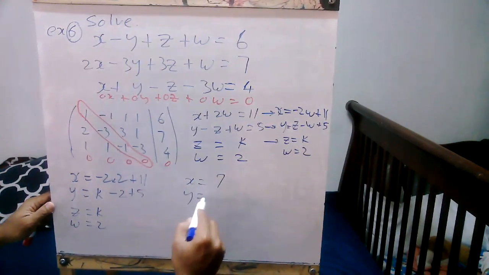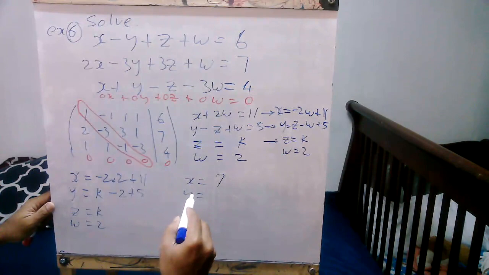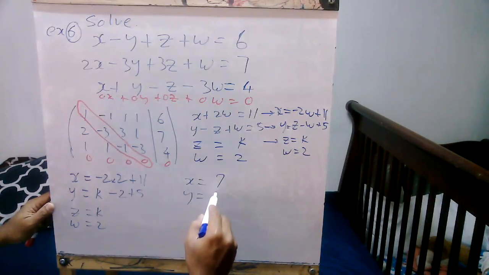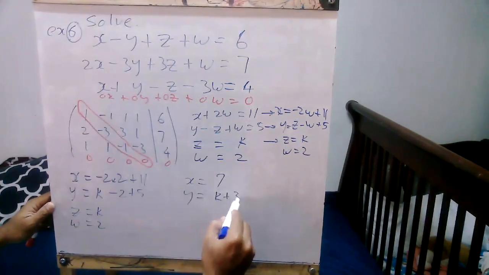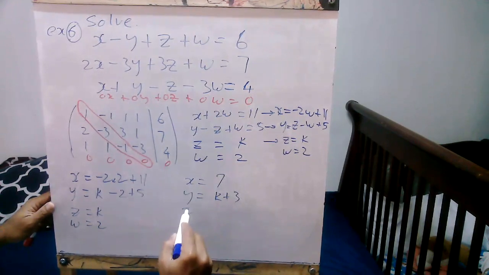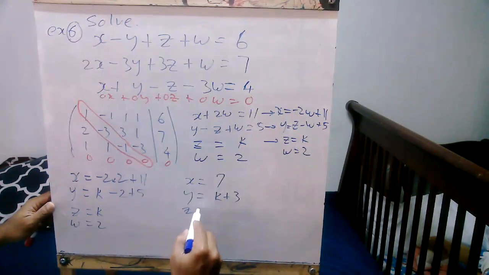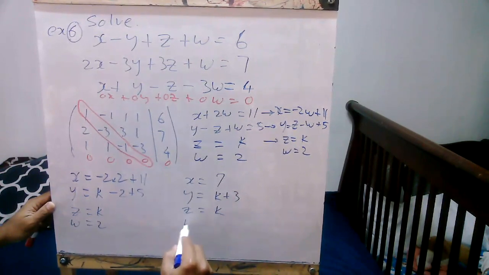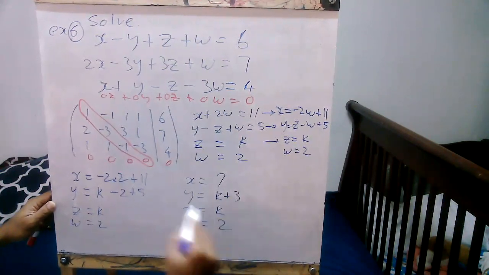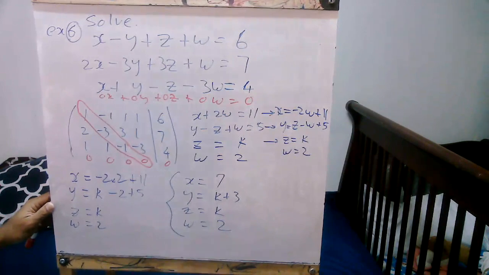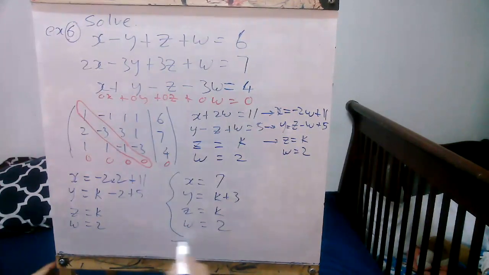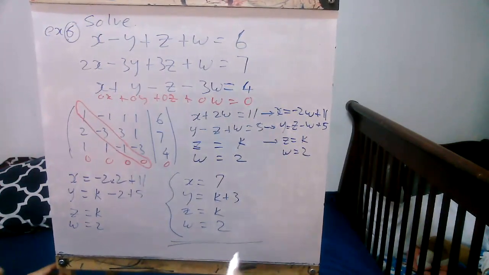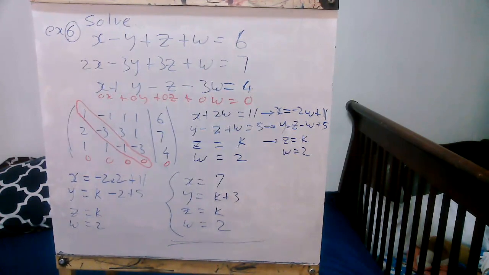Y equal to k plus 3. Z equal to k and w equal to 2. So this is our final answer. Right?